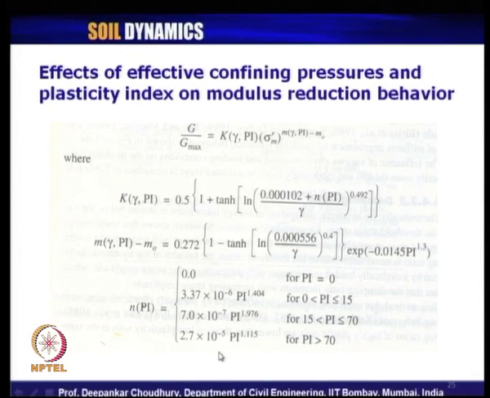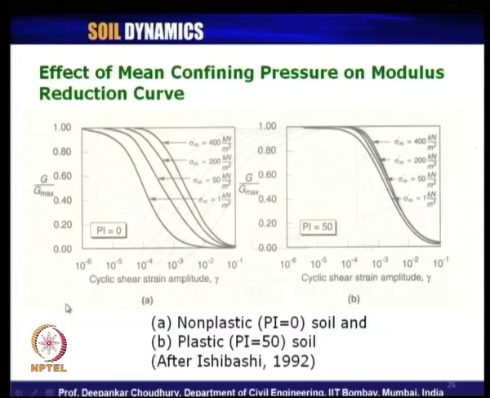So, these are the relationships obtained from the laboratory test results, which we have shown just now. From those curves, they have plotted and formulated a generalized equation to compute the value of G by G max at any strain level and for any particular value of plasticity index.